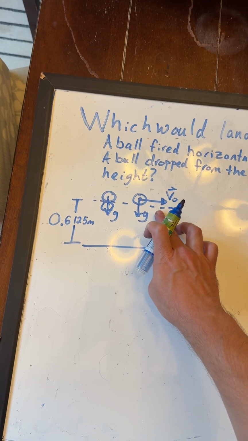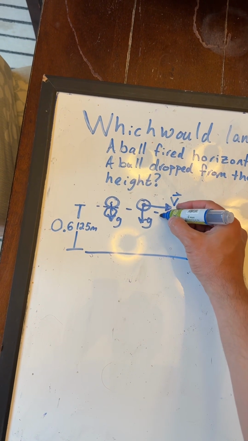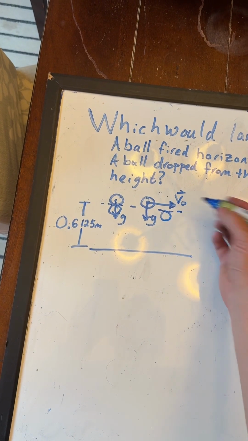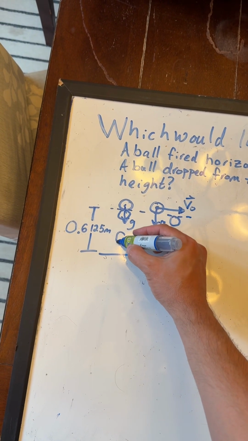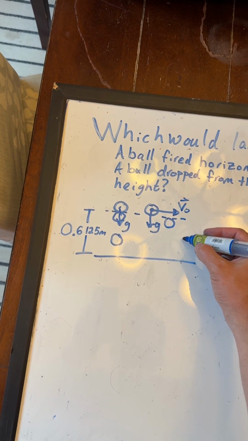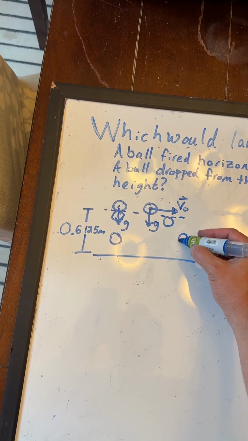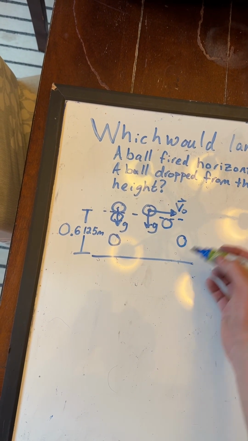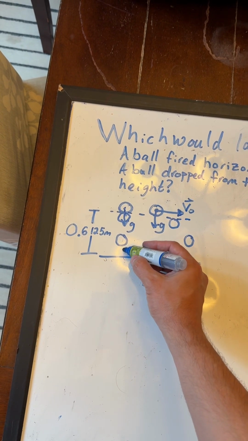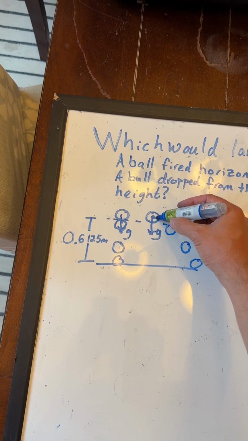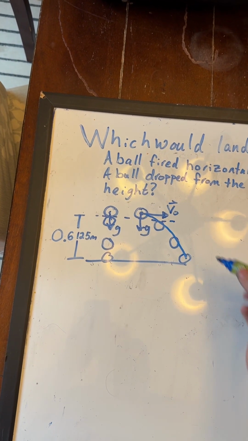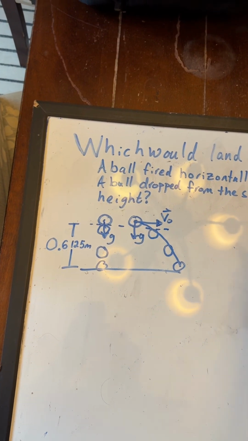This one's going to fall the same distance, but it's going to move over a little bit. An equal split second later, it's going to fall down some more and move the same distance over. When we get to the ground level, we would find that it has taken this arced path.